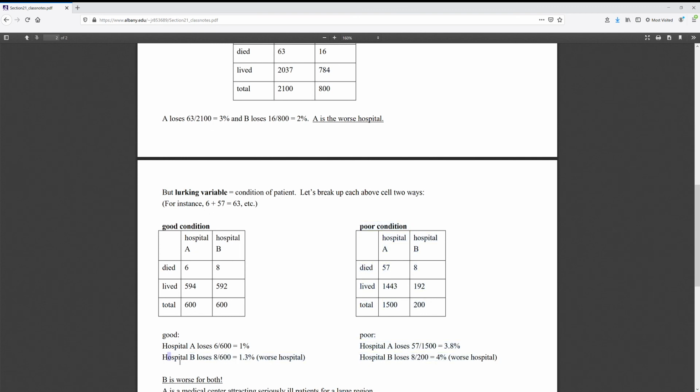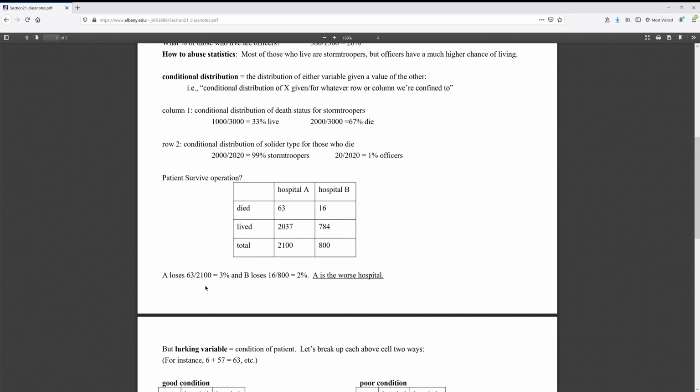So what we end up with is something that is a little bit strange, almost as strange as the fact that I can't highlight across these columns, but you get the idea. So overall, there's no denying that Hospital A loses a higher percentage of patients after surgery.